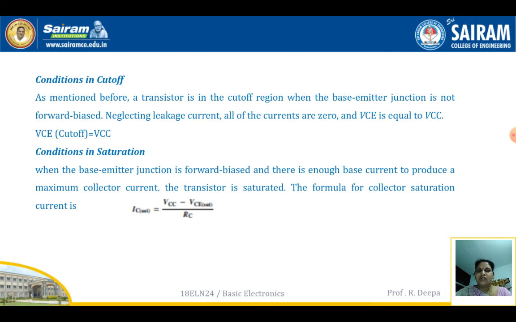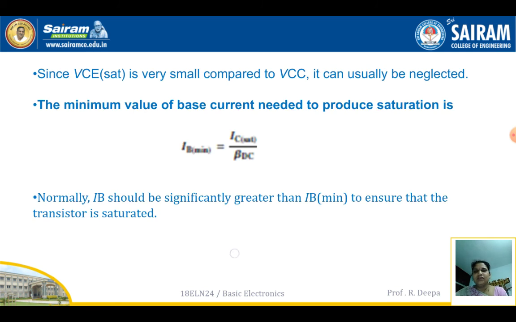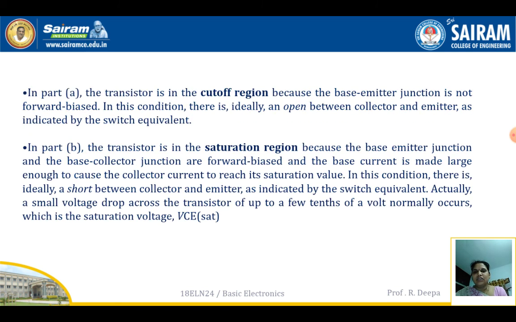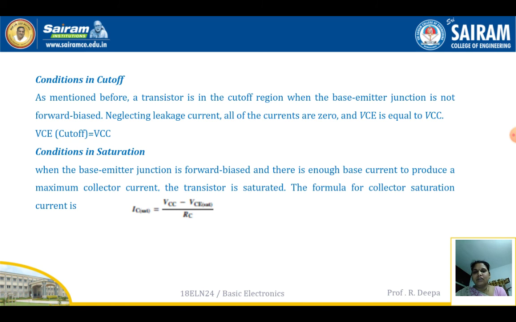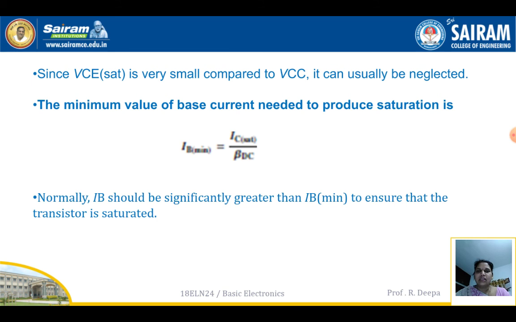Hence we can write the formula for the saturation current as IC sat is equal to VCC minus VCE divided by RC. As VCE is very small, about 0.7 volt when compared to VCC, we can neglect VCE and we can write IC is equal to VCC divided by RC.